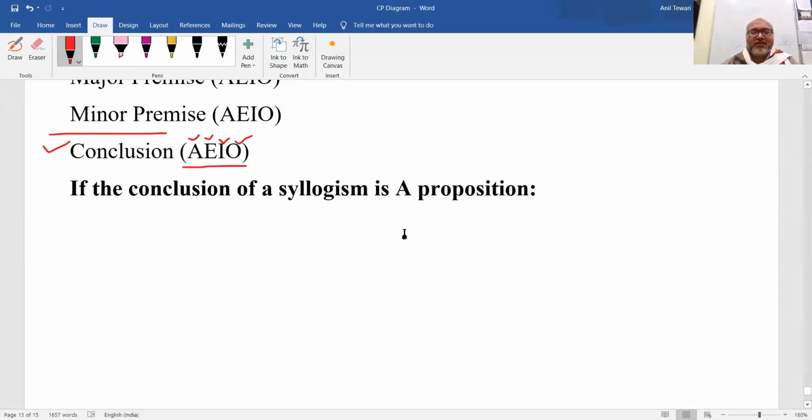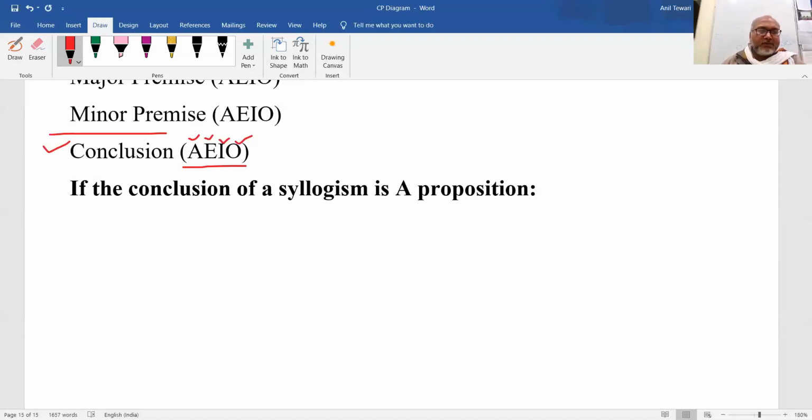Rule 4 says that we cannot have 2 negative premises. Rule 5 says that if we have 1 negative premise, then the conclusion must be negative. And rule 6 says that we cannot derive a particular conclusion from universal premises. So these are 5 rules we are going to use.